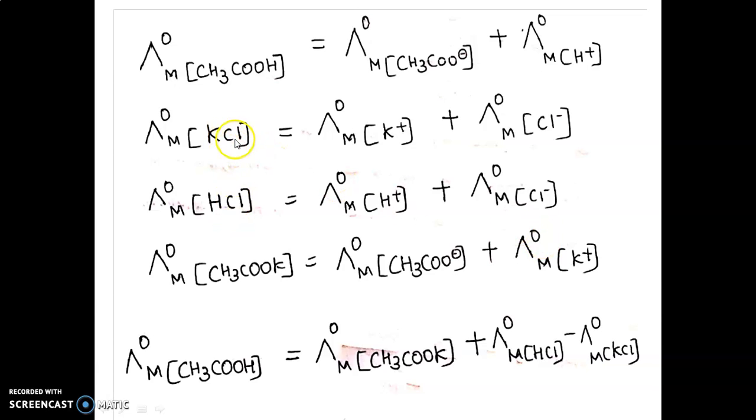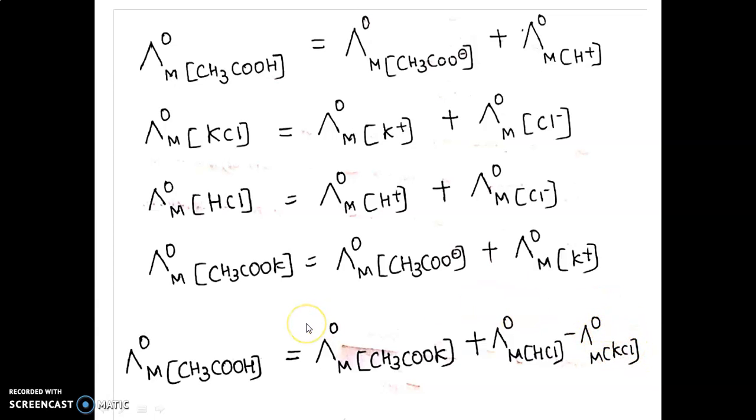If you know these three values, we can find out the molar conductance of acetic acid at infinite dilution. The molar conductance of acetic acid at infinite dilution is equal to the molar conductance of potassium acetate at infinite dilution plus the molar conductance of HCl at infinite dilution minus the molar conductance of KCl at infinite dilution.